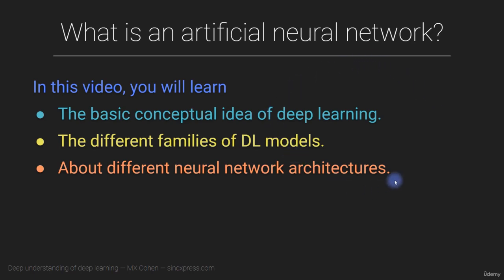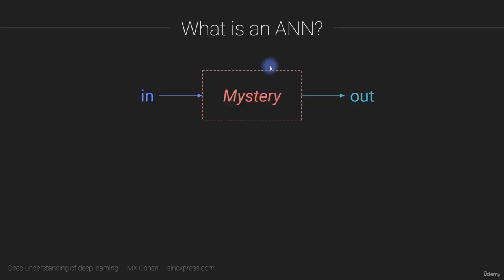So in this specific video, you are going to learn the conceptual idea behind artificial neural networks, which are often abbreviated ANN, and deep learning. So basically, an artificial neural network, or an ANN, is a way to transform an input into an output. So how does this transformation work?